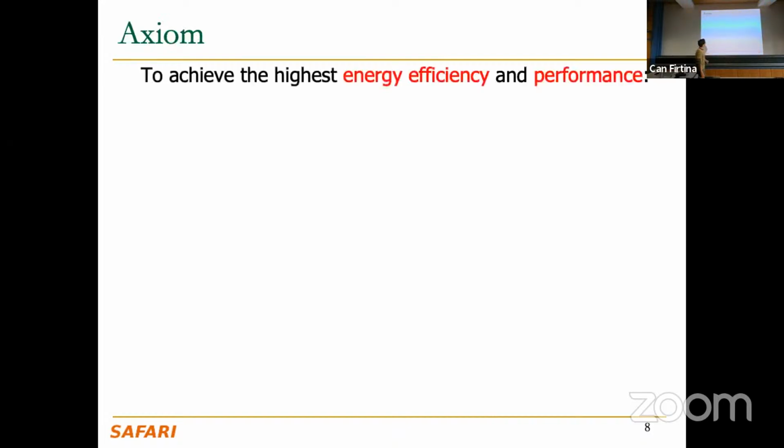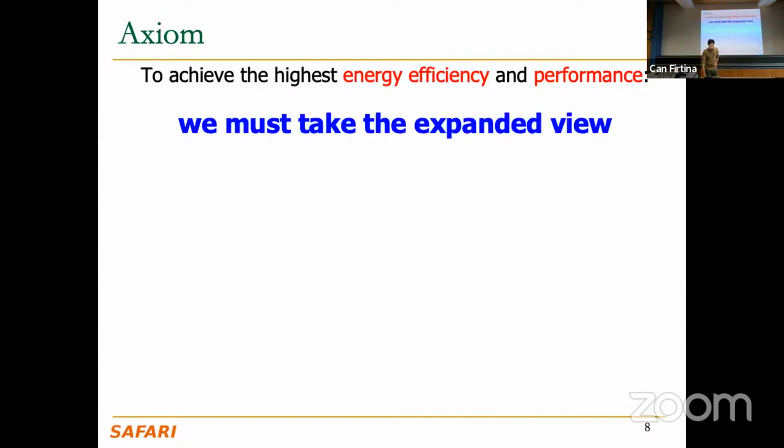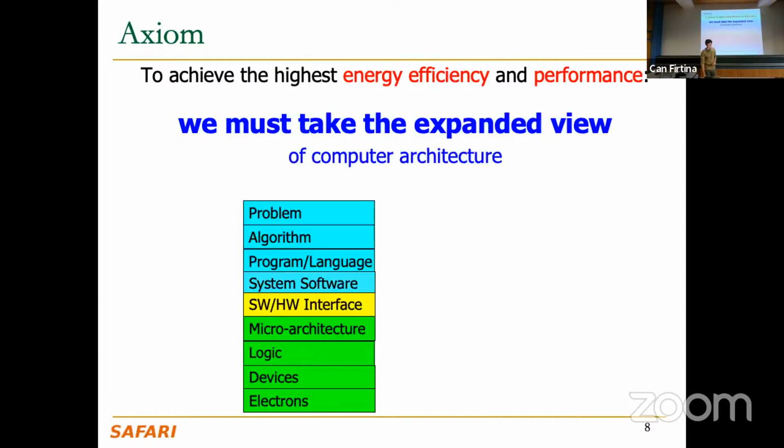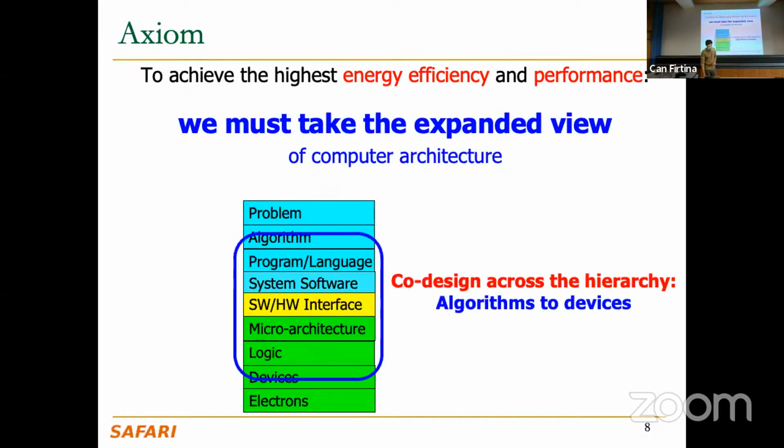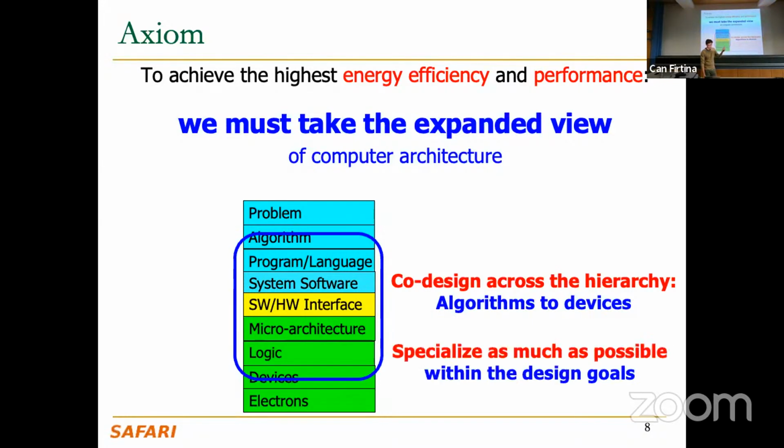An axiom for you to take into account, that is also an axiom for our group: to achieve the highest energy efficiency and performance, you must take the expanded view of computer architecture. What this means is to co-design across the hierarchy from the algorithm to the device and specialize as much as possible within the design goals.